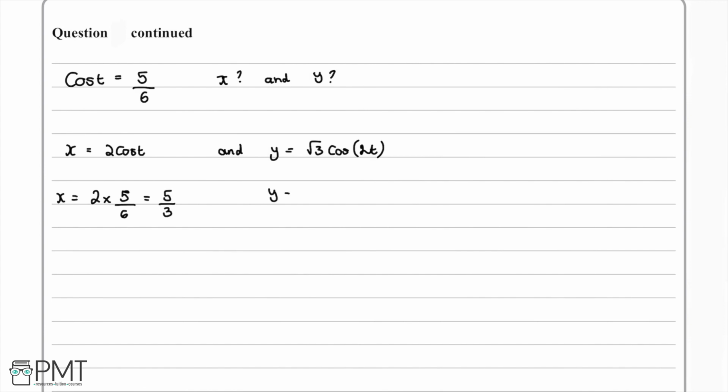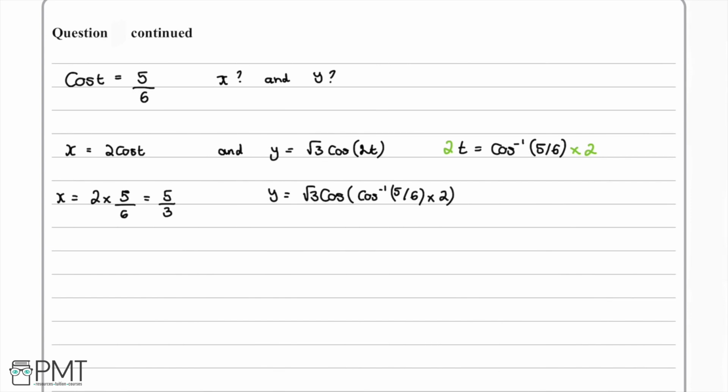We'll have y is going to be equal to root 3 multiplied by cos. And then how do we deal with this 2t? So we know that t is going to be equal to cos negative 1 of 5 over 6. So this means that 2t is going to be equal to 2 times this. So therefore, we can replace 2t with cos negative 1 of 5 over 6 times 2.